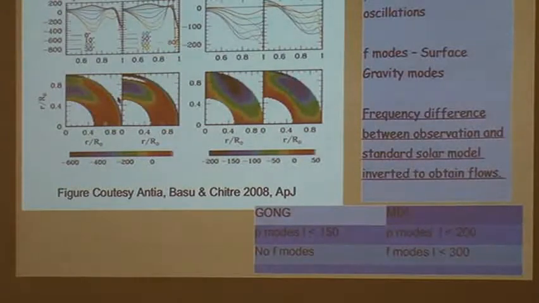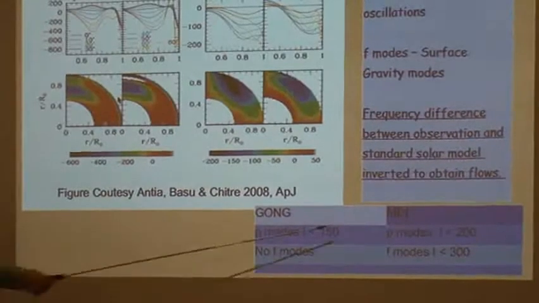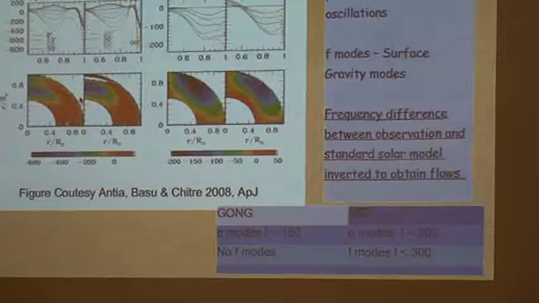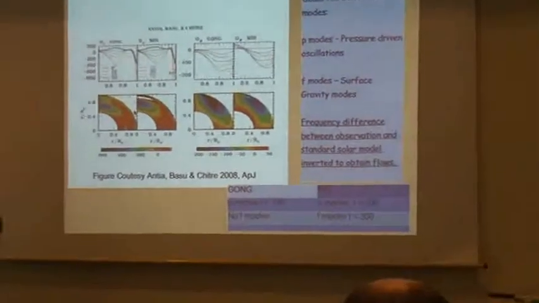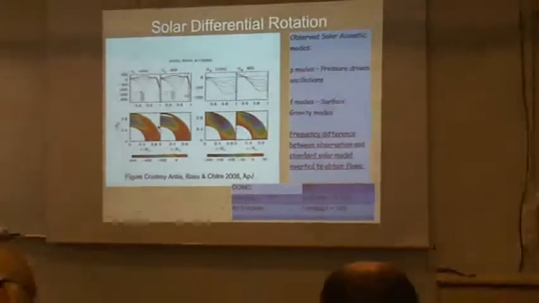So, even if you use the same model to invert both GONG and MDI data, the basic difference between them is that the MDI data has the surface gravity modes in it up to L less than or equal to 300. L is the degree as in the Y_lm of theta and phi.